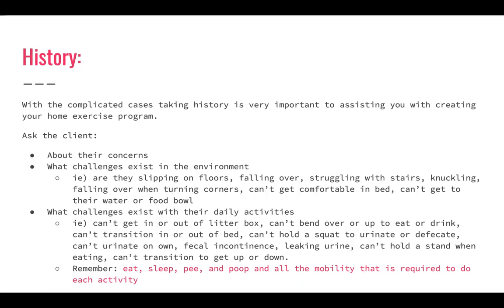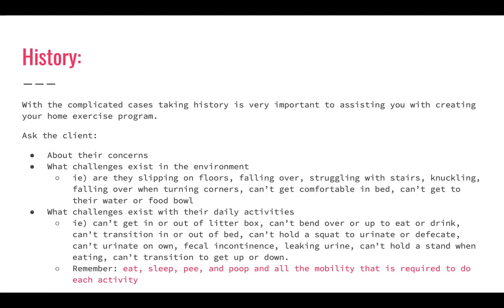And I get it down to specifically what happens at home that makes them concerned about their pet and where they need help. So is the pet slipping on the floors? Are they falling over? Are they struggling with the stairs? Are they knuckling, falling while turning corners? They can't get comfortable in the bed. They can't get up to get their food or water bowl.